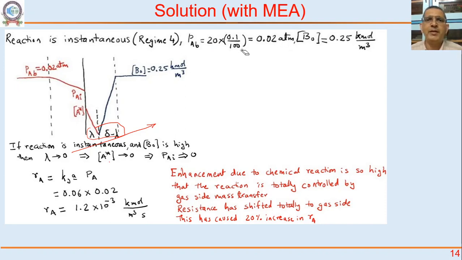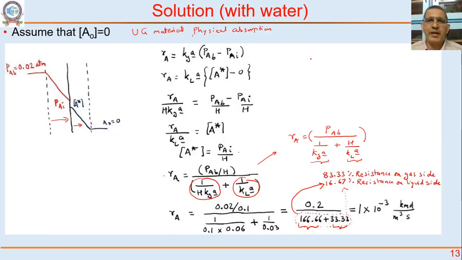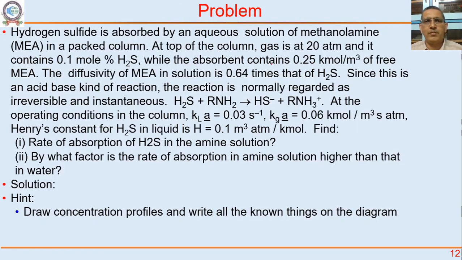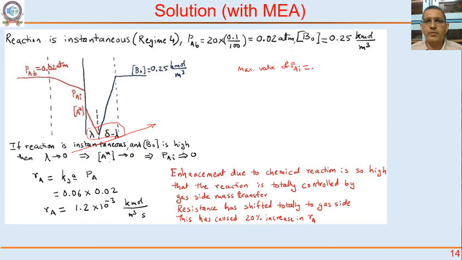Even if there is no gas side mass transfer resistance, what is the maximum value of PAi? The maximum value of PAi would be that in the bulk, 0.02.